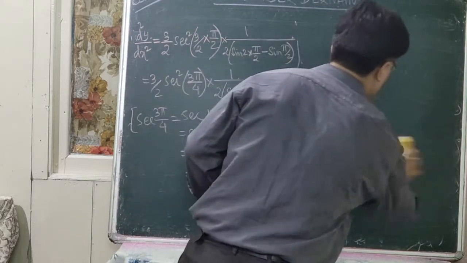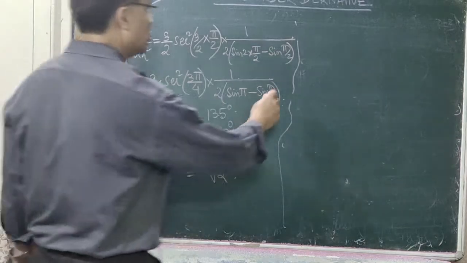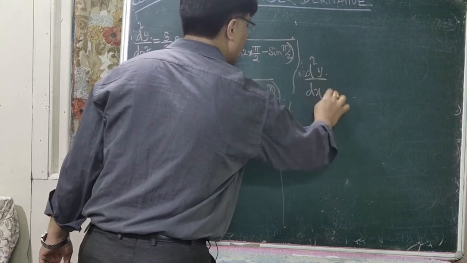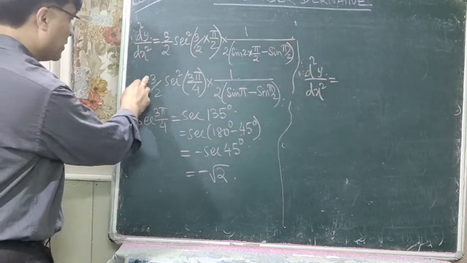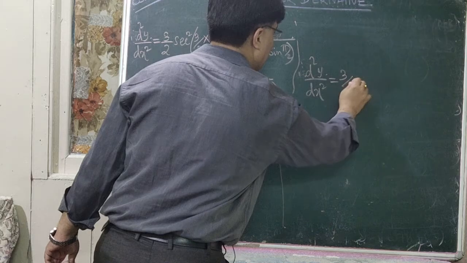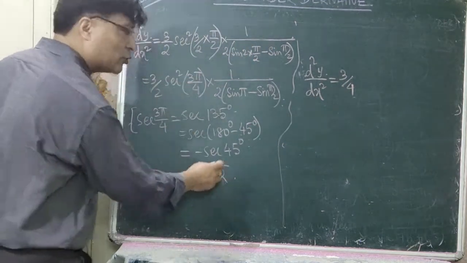So we have just found out the value for sec 3 pi by 4. So therefore d2y by dx square is equal to 3 by, this is 2 to the 4, so 3 by 4. What is the value for sec 3 pi by 4? It is minus root 2.